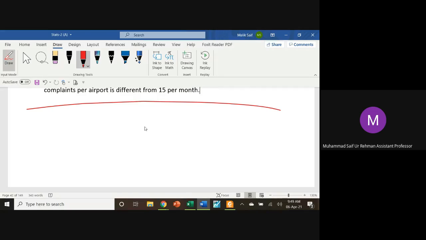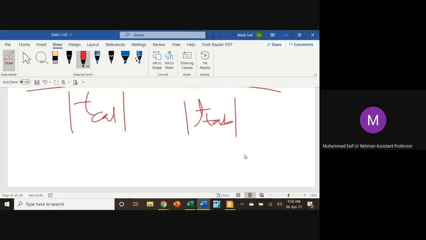The first strategy is T calculated. Write down T calculated and T tabulated in this way. These two bars give you the absolute value, so if some value has a negative sign, it becomes positive.